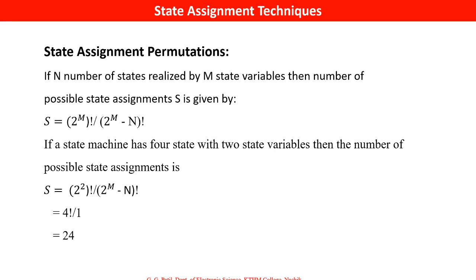If in a sequential circuit containing n number of states realized by m state variables, then the number of possible state assignments S is given by the formula S = (2^m)! / (2^m - n)!, where S is the number of possible state assignments, m is the number of state variables, and n is the number of states.